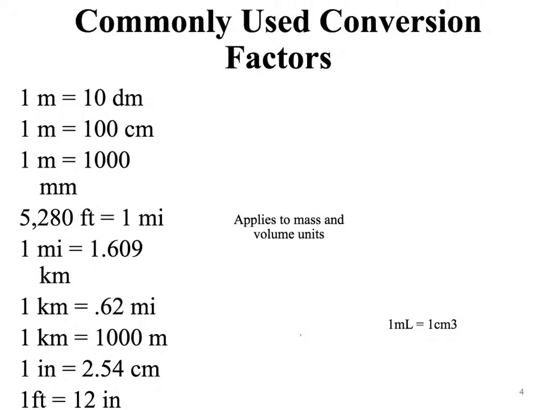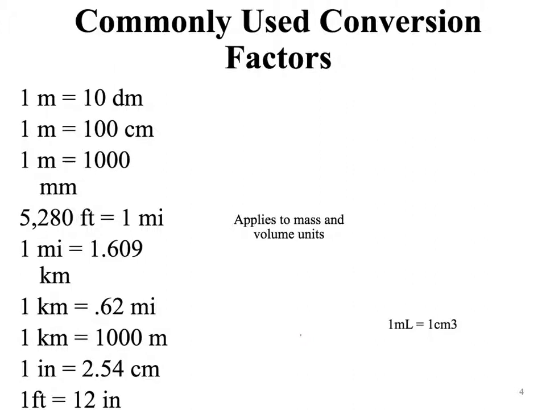So over here are the most commonly used conversion factors. They're important because it's going to be helpful when you start converting units. I would commit these to memory. It's very helpful. What this means applies to mass and volume units. It could be 1 meter is 10 decimeters, 1 meter is 100 centimeters.